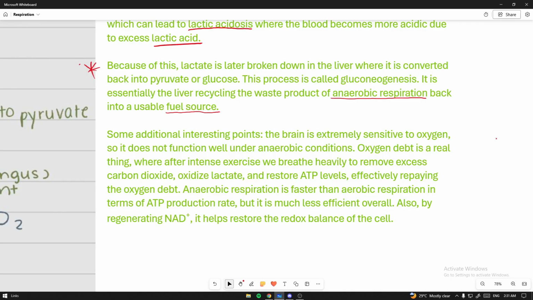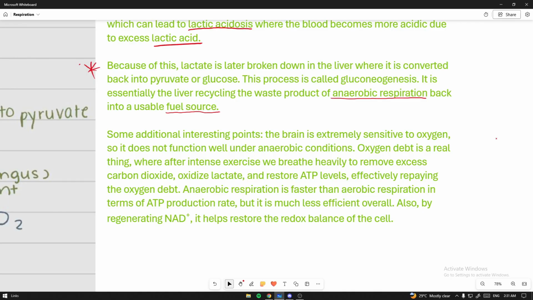Also, when you're exercising or doing something physically demanding, CO2 is gonna build up in your blood. Okay, so it's important that it gets exhaled, because if too much CO2 accumulates, your blood becomes more acidic.